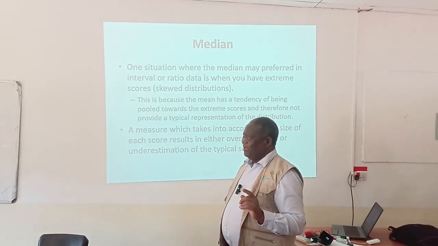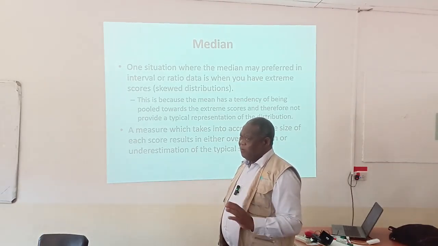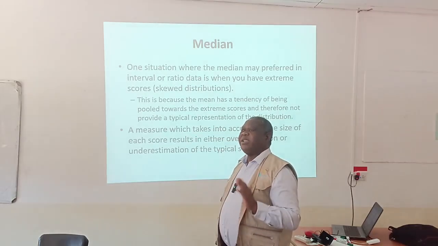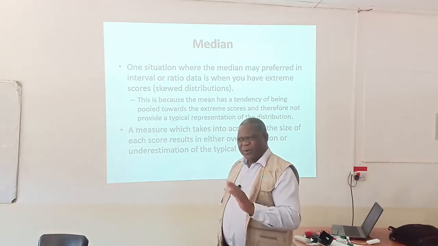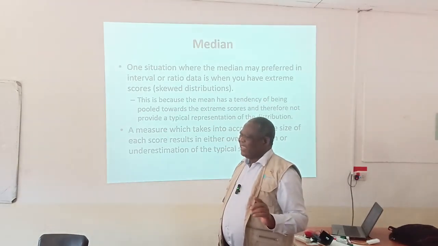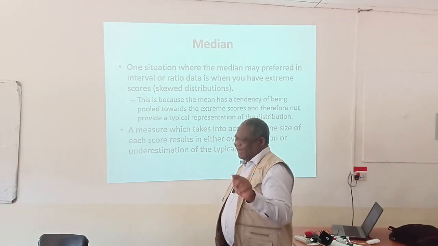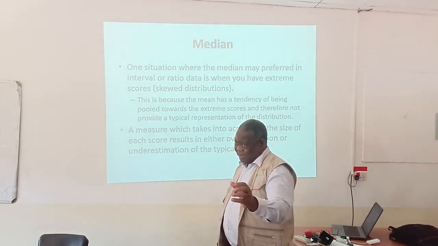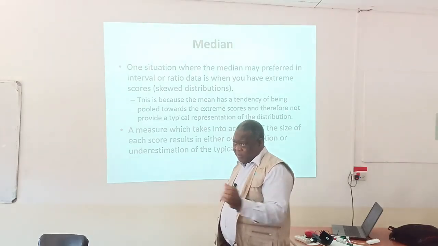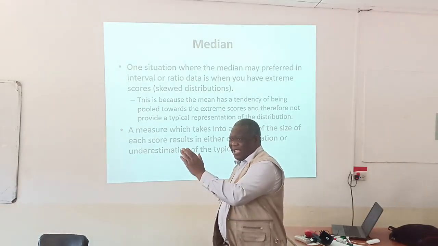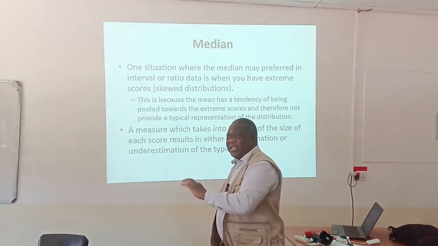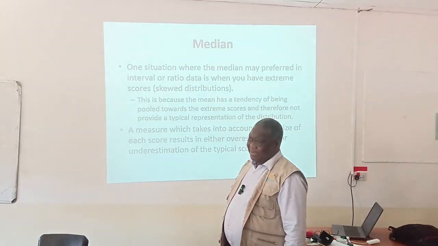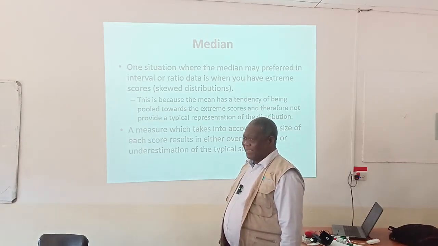Because we might have 4 or 5 students out of the 500 students who are exceptionally taller than all the other students. And that exceptional height they have will have influence on the mean. It will pull the mean towards them. But yet those are only exceptional students. The majority of the students are lower than that in terms of height. I hope I'm making sense, eh?